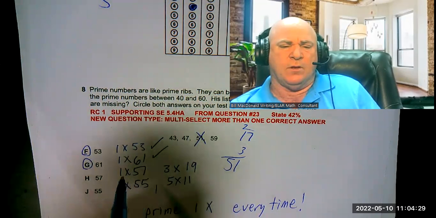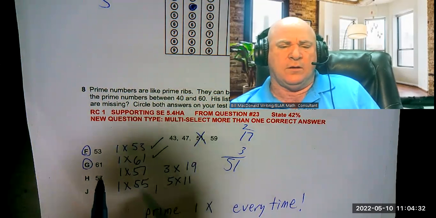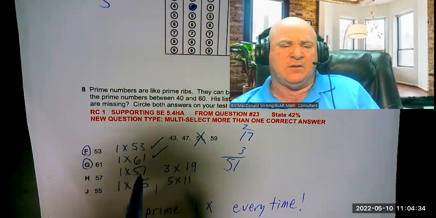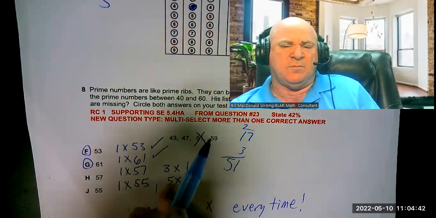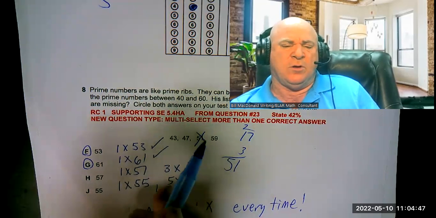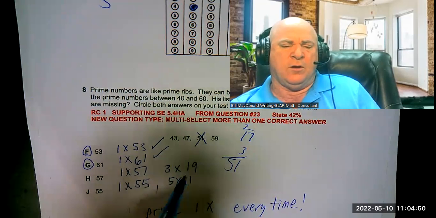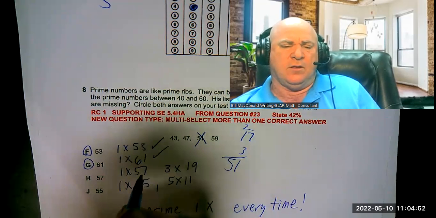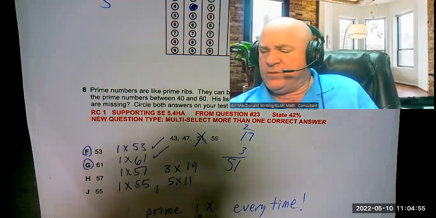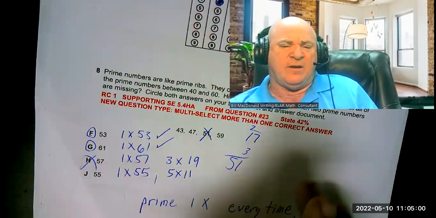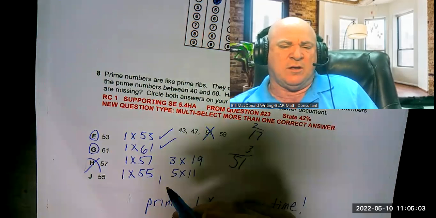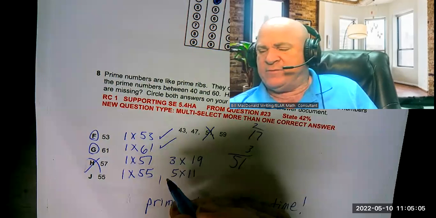57 is 1 times 57, yes, but 3 times 19 is also, because when we did 3 times 17, we got the 51. 3 times 18 was 54, but 3 times 19 was 57. So since we have more than 1 times something, then we know that's not one of the prime numbers that's missing. And the same thing applies here, where 1 times 55 is 55, but you also can get a product of 55 when you multiply 5 times 11.